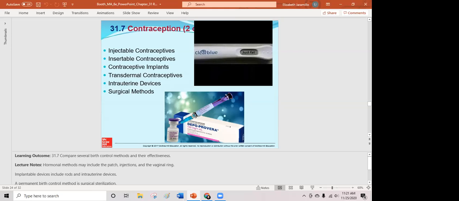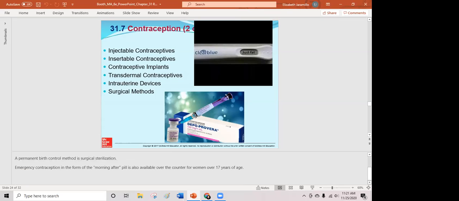So what do we learn in pharmacology? What is transdermal? It's a patch, right? Goes on the outside, you stick it somewhere, right? Intrauterine devices or IUDs, and surgical methods, right? Such as going ahead and removing the ovaries, or tying your tubes, tubal ligation is what they call that.